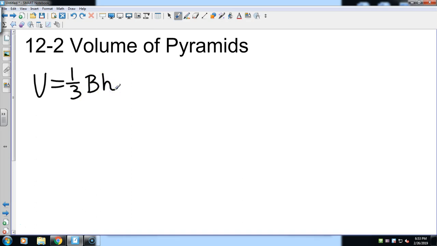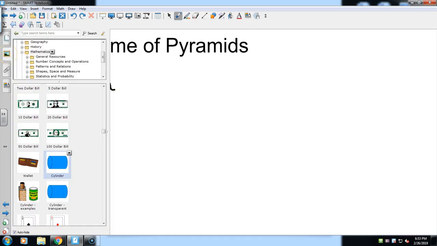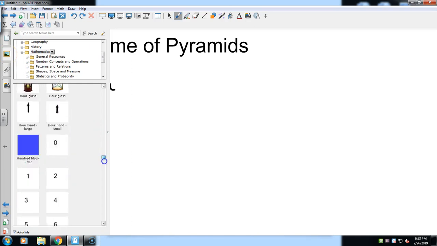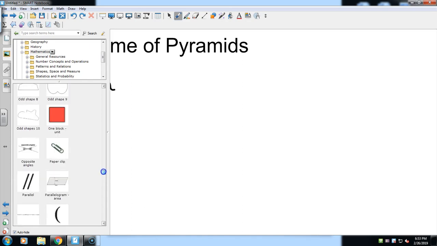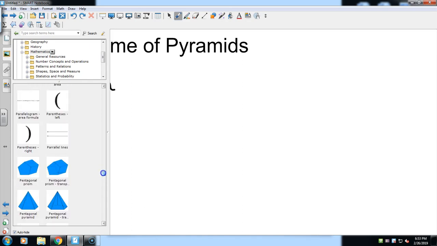Now, I'm going to go over here and see if I can find a good pyramid. If I remember, I wasn't really happy with them last time, but we'll see. Whoop, there they were. Just went right past them. And so I'm going to go with that one. I'll go with the Pentagon.